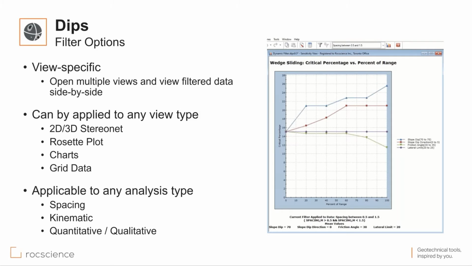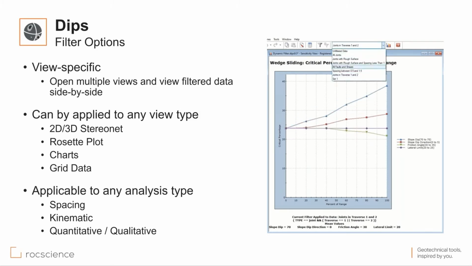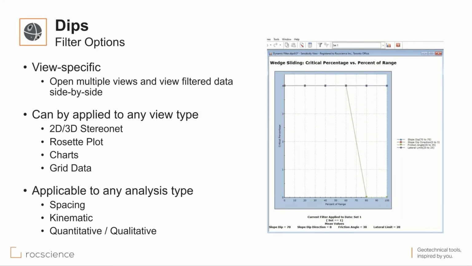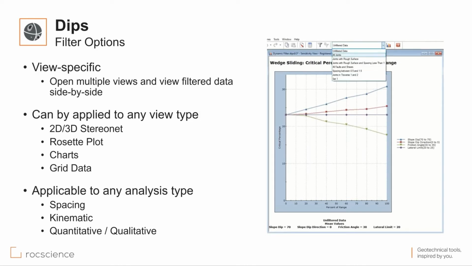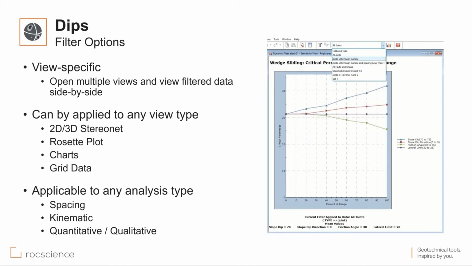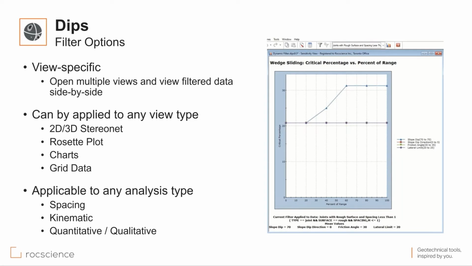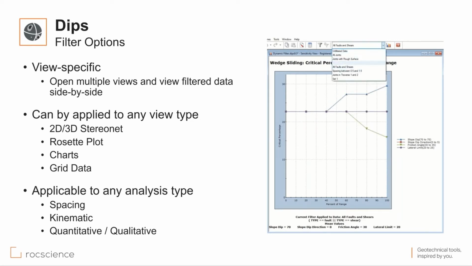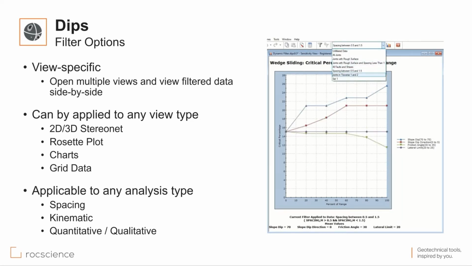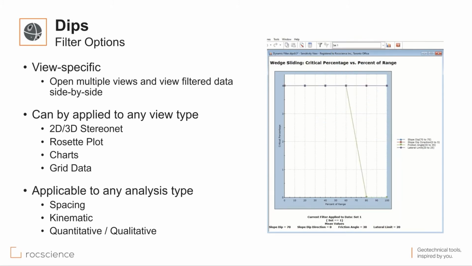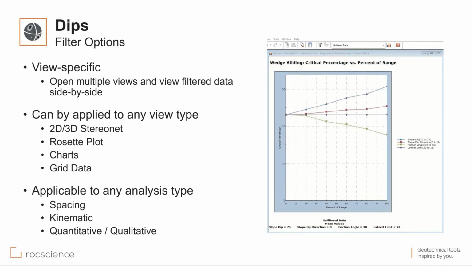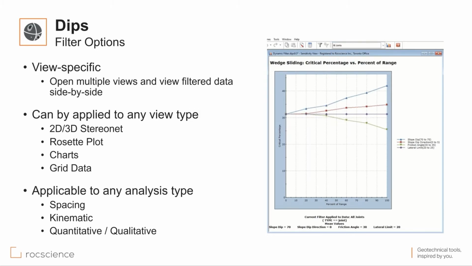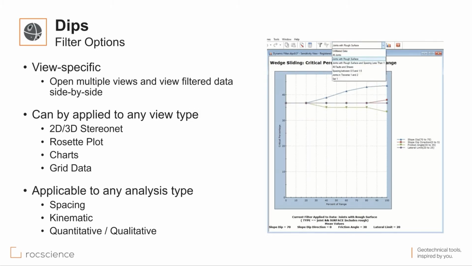You can apply a different filter in each open view, which makes the side-by-side comparisons very easy. You can also apply filters to any view type or analysis type and instantly see the results. So all those features we talked about earlier, such as spacing analysis, kinematic analysis, StereoNets, charts, etc., can all be toggled to show either unfiltered or filtered results.